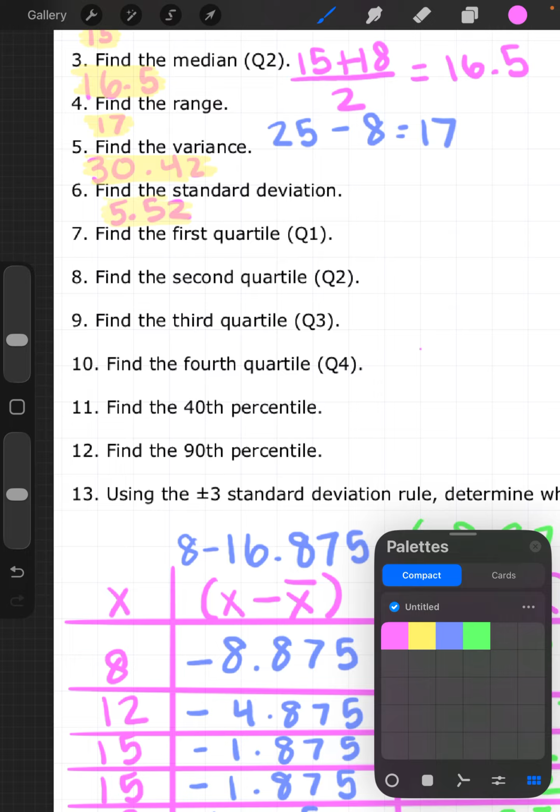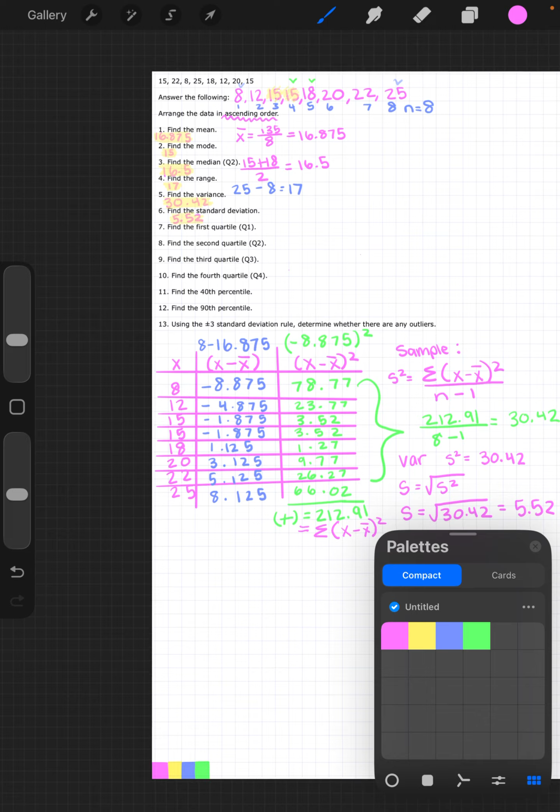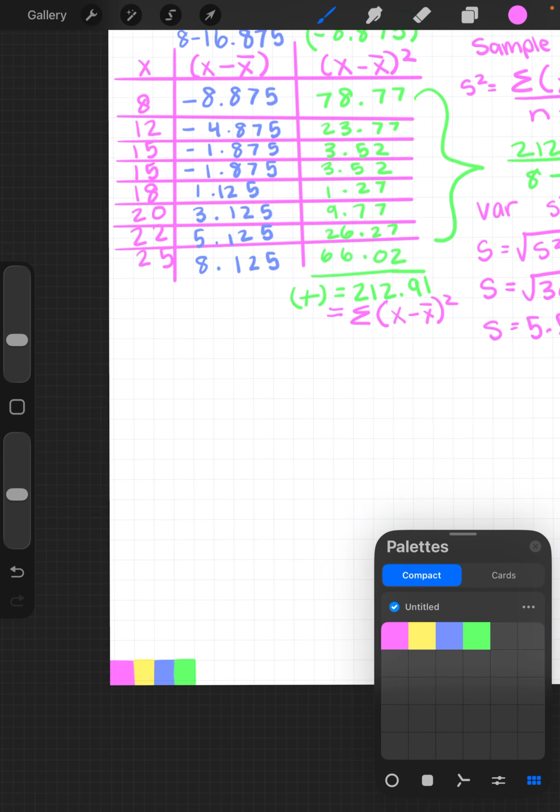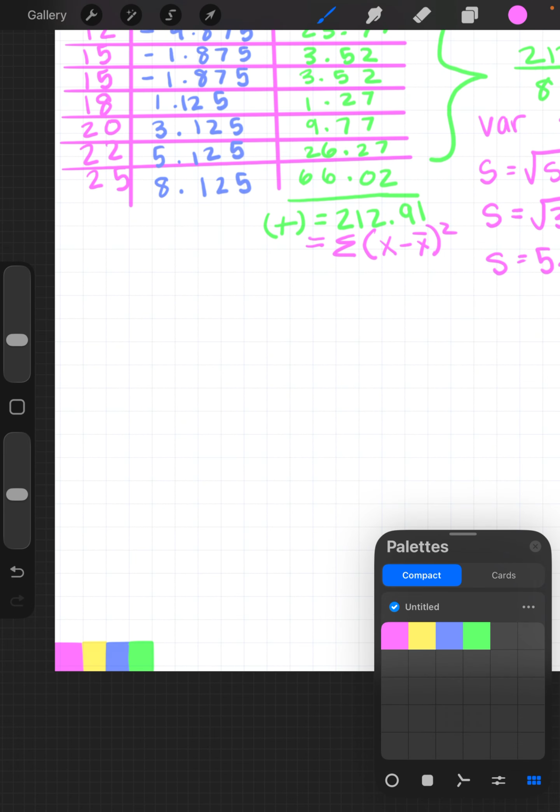Okay, and now we're going to look for our quartile, our Q1. So the formula for this, do I have room? Yeah, I have room. So our first quartile, Q1, is equal to the 25th percentile.